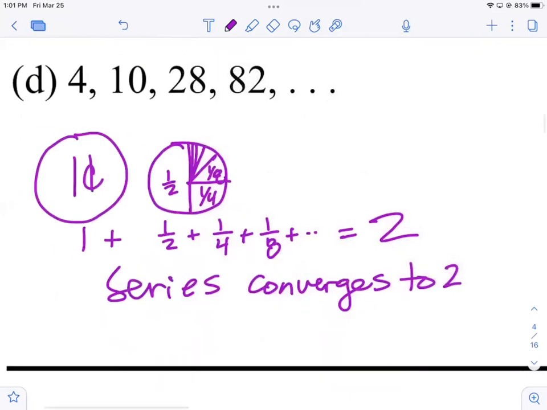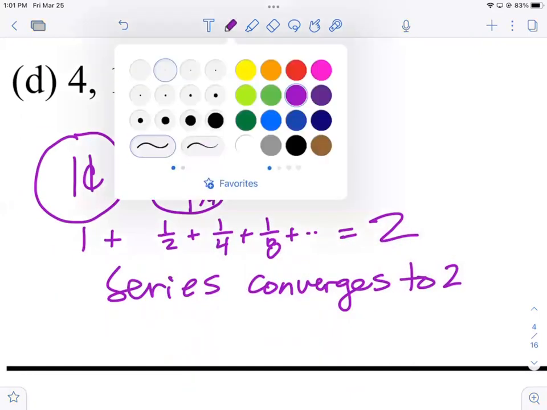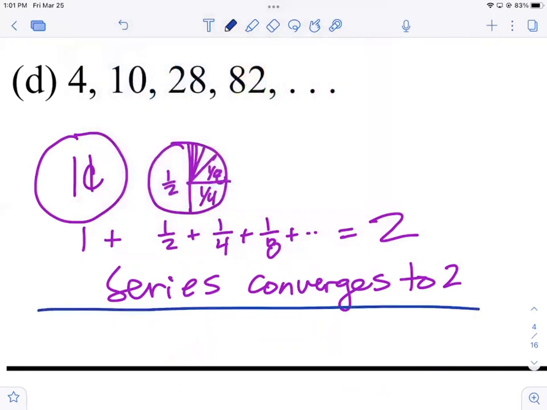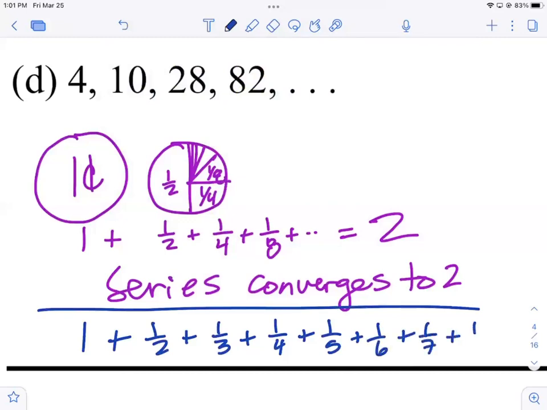Yeah, that series converges to 2. And it's easy to see why. Now, look at this. What if I went 1 plus 1/2, but now plus 1/3, plus 1/4, plus 1/5, plus 1/6, plus 1/7, plus 1/8.